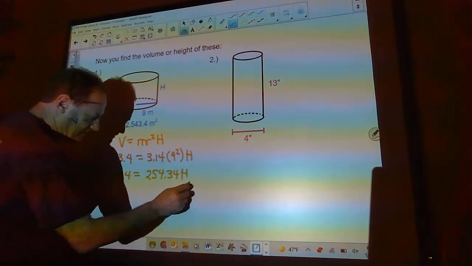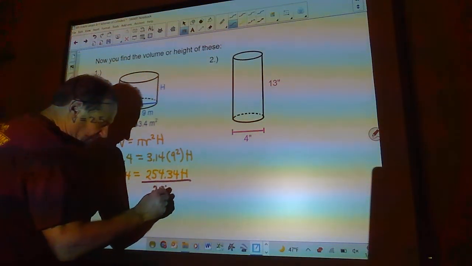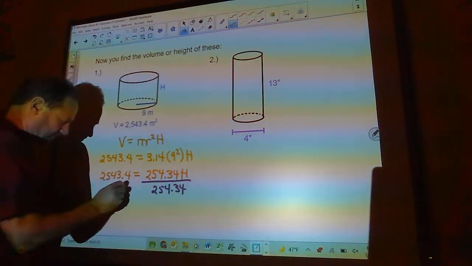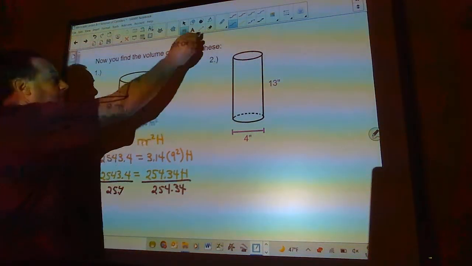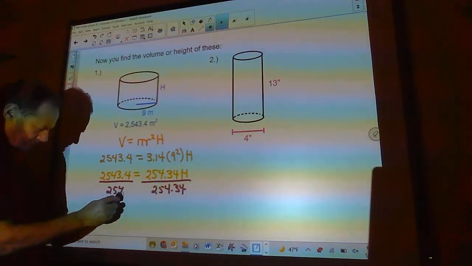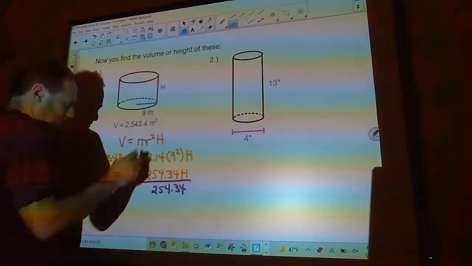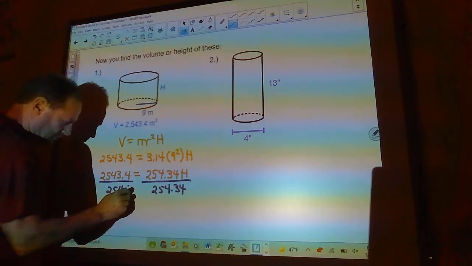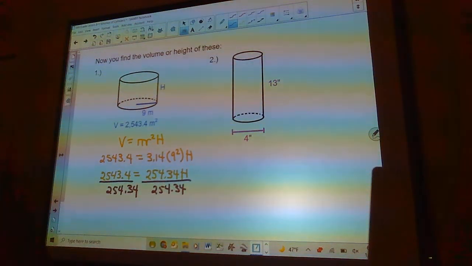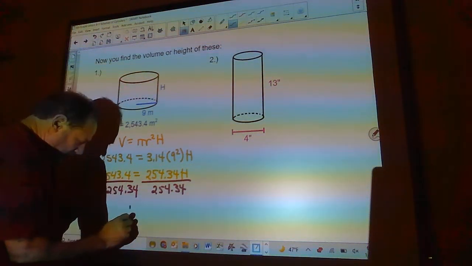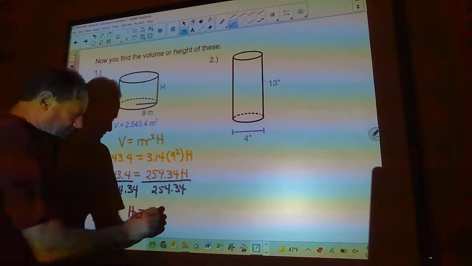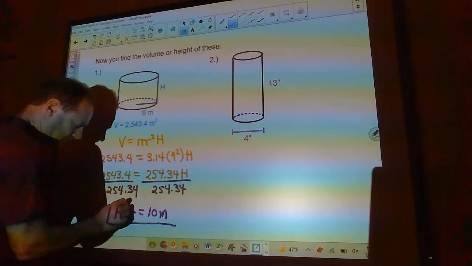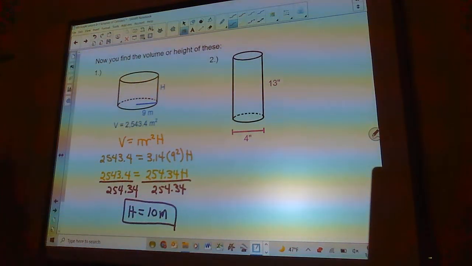So I'm going to go ahead and divide both sides by 254.34. Okay, and I'm going to get h is 10 meters. Okay, so there we go.